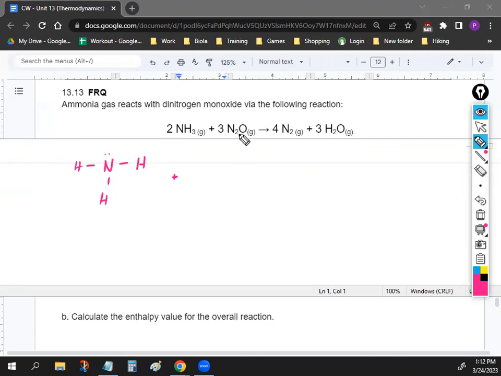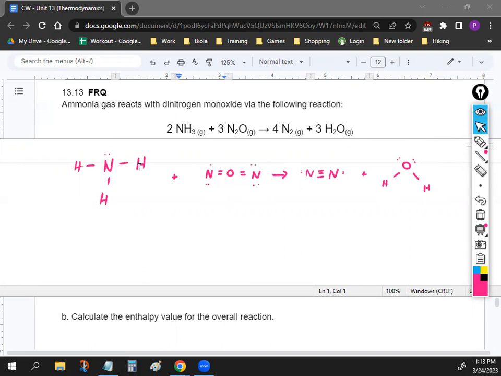N2O is going to look like this. Then it's going to produce N2, which is a triple bond, and then H2O, which you're probably familiar with. It looks like that. So that's what the structures look like.